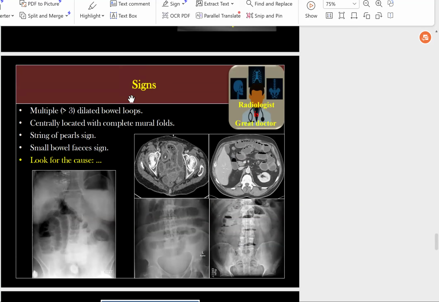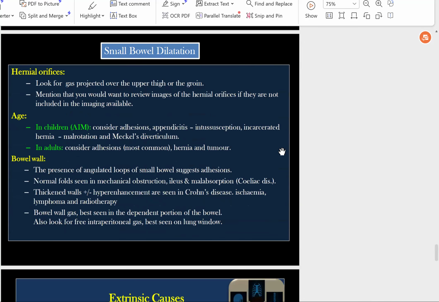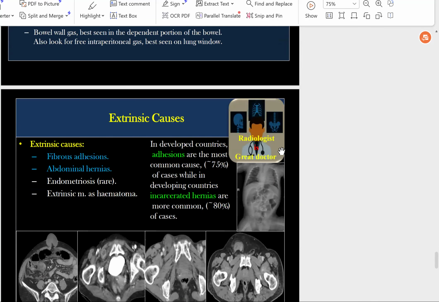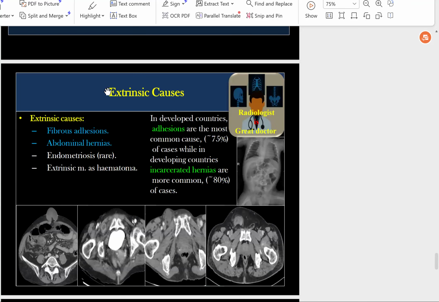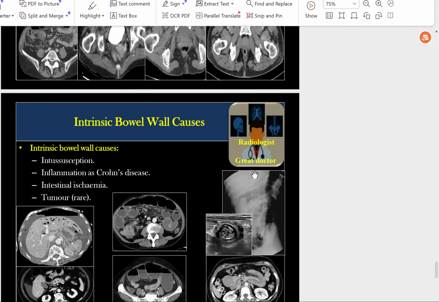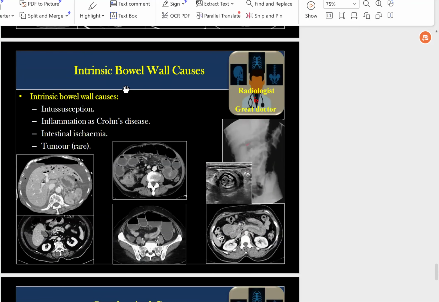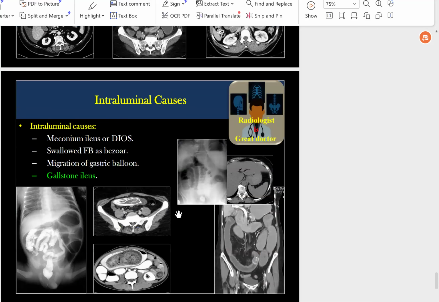So start with the signs of small bowel obstruction. Look for the causes in the radiograph. Ask for a CT scan, and on CT scan, try to detect the causes. Extrinsic causes, assess the hernial orifices, external or internal hernia. Bowel wall causes, either hyperenhancement or hypoenhancement.